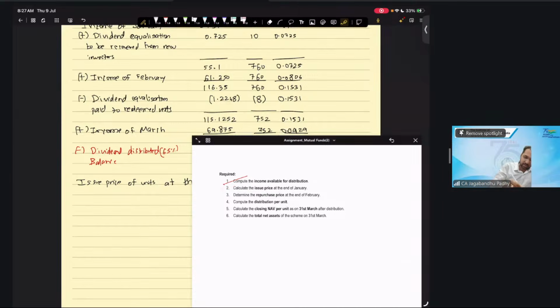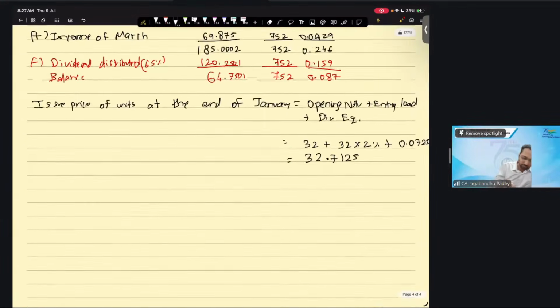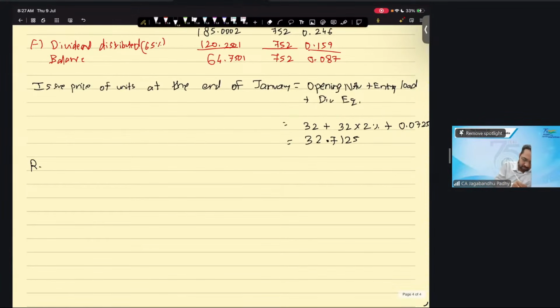Now the second thing is done. The third is determine the repurchase price at the end of February.